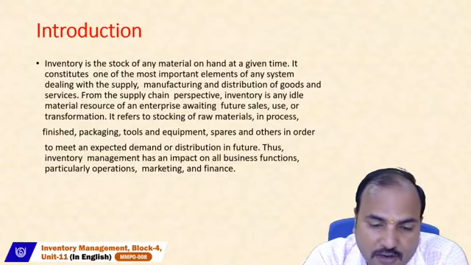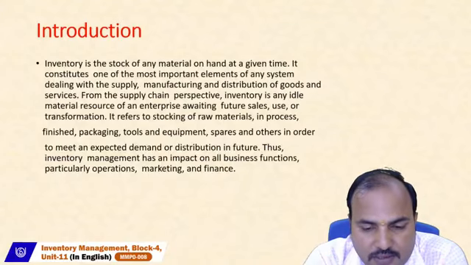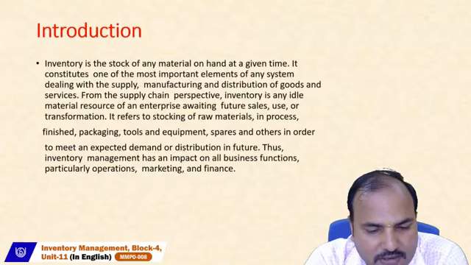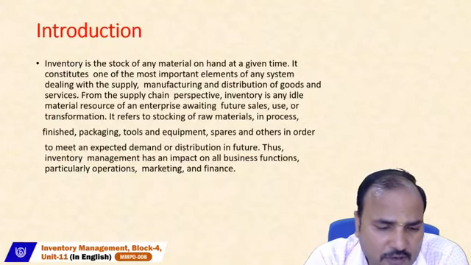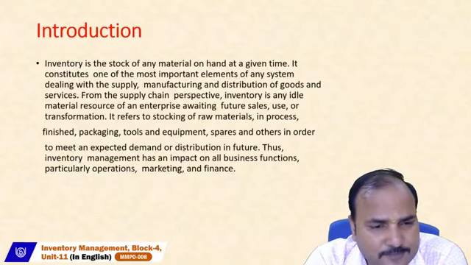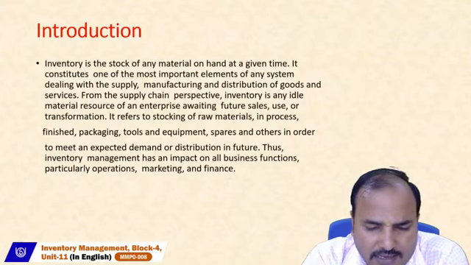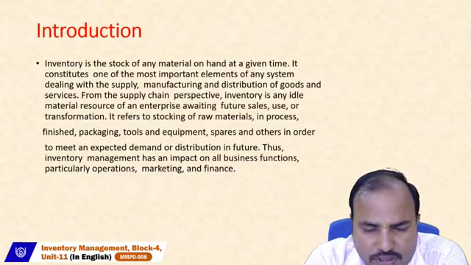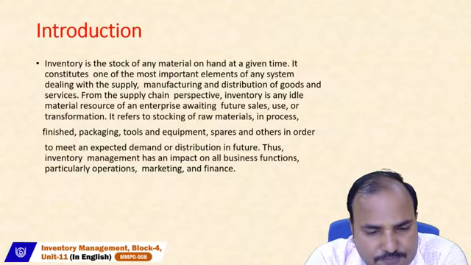Keeping track of inventory value, you can use methods like first in first out, FIFO, last in first out, LIFO, or the weighted average cost method for valuing the inventories. And another key component is risk management. Here we manage risks like overstocking or stockouts.